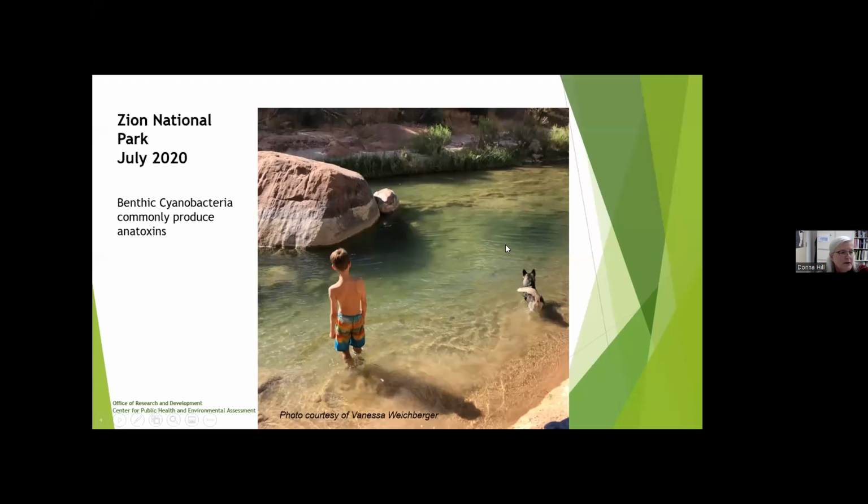So this was a microcoleus bloom producing a lot of anatoxins, a lot of dihydroanatoxin as well as anatoxin. And the dog orienting to this was not alive an hour after this photograph was taken, unfortunately.